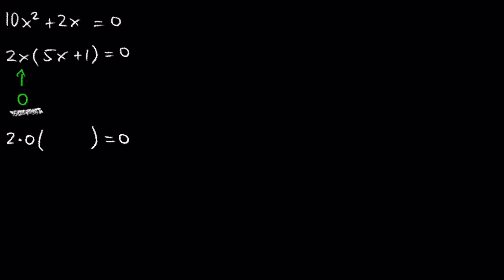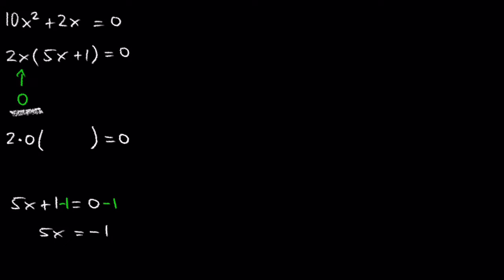The equation is also 0 when the expression in the parentheses is 0. We also call this the zero product property. In other words, multiplying 0 with something is always 0. So when is 5x plus 1, 0? After subtracting 1 on both sides, we get 5x equals negative 1.